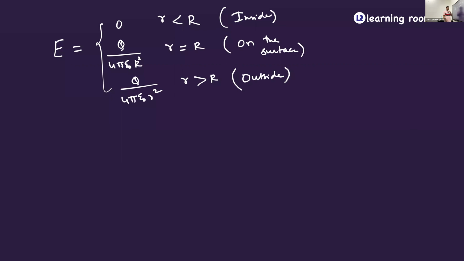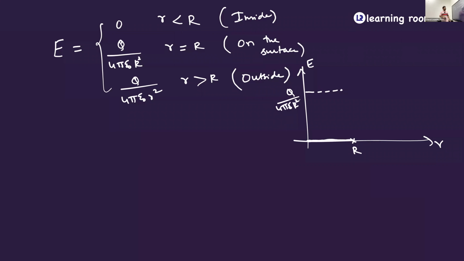So having said this, when you plot a graph between the electric field and r, till the value capital R, it will be 0. After that, it will reach a value which is equal to Q divided by 4 pi epsilon naught capital R square.